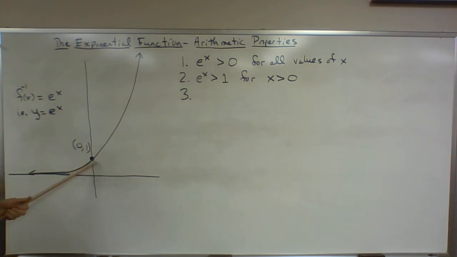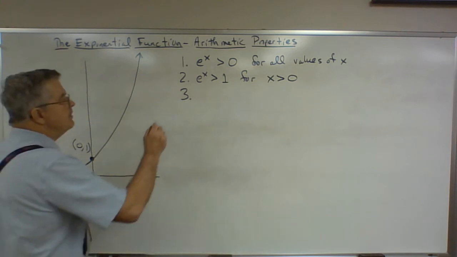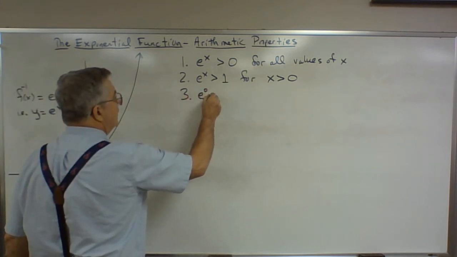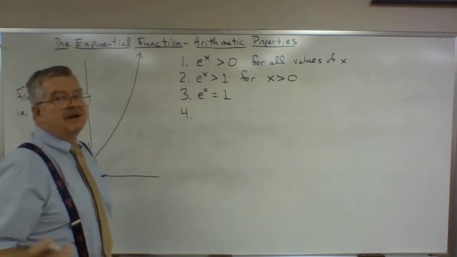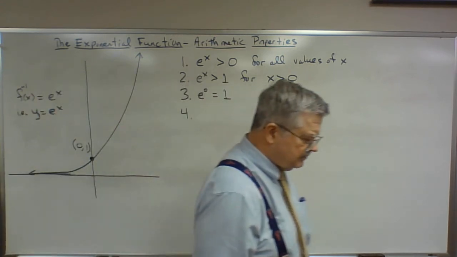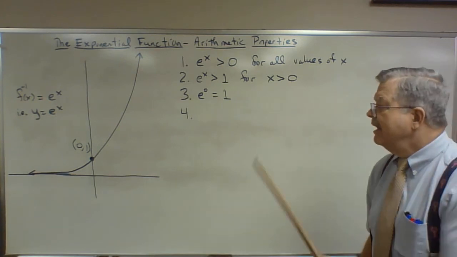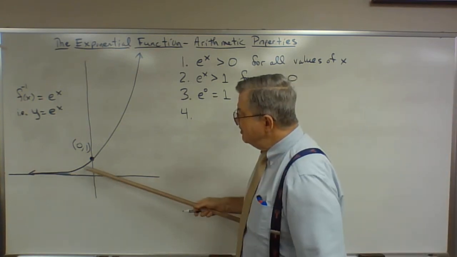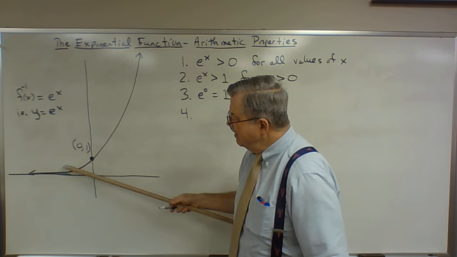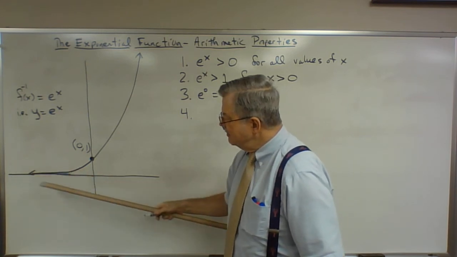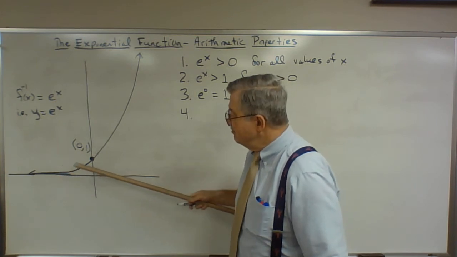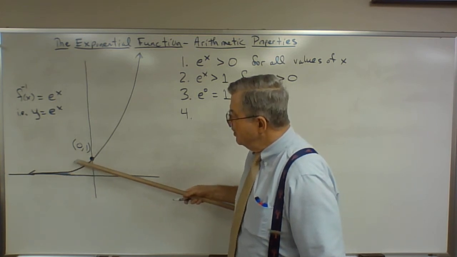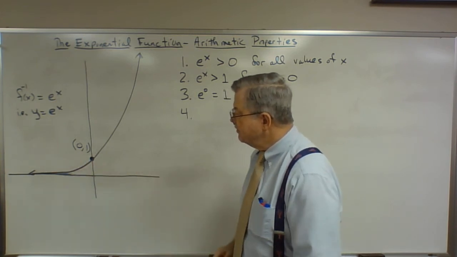And right here at x equals 0, y is 1. e to the 0 is 1. Now that shouldn't shock us. And now notice that to the left of the y-axis, the graph is above the x-axis, but it's below y equals 1.